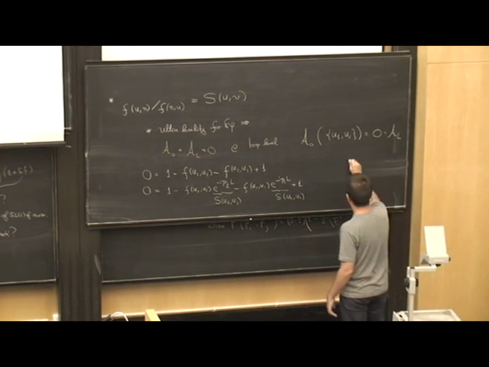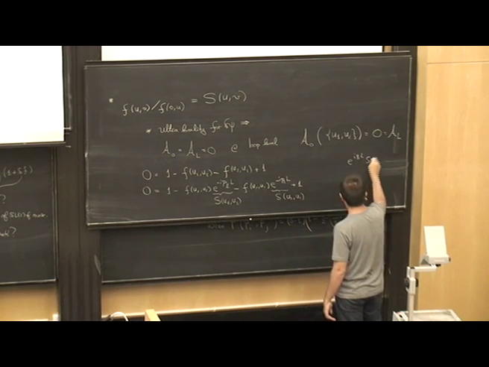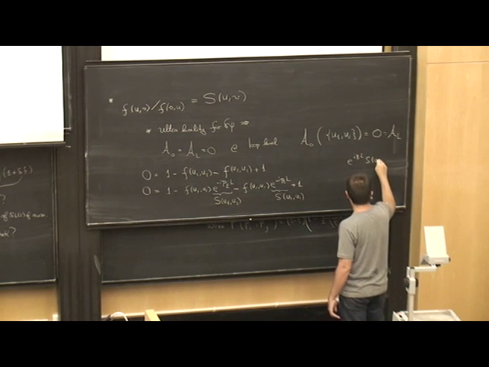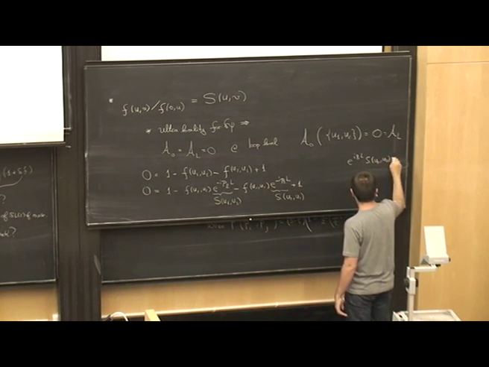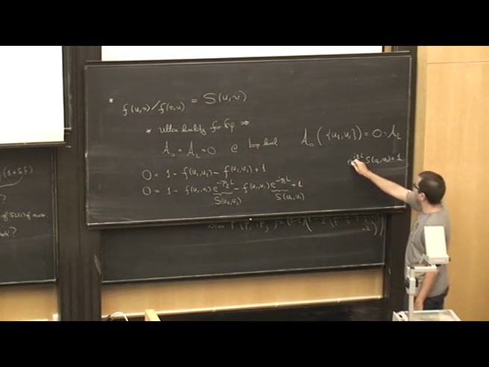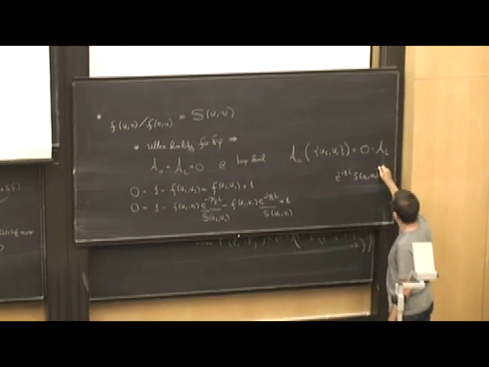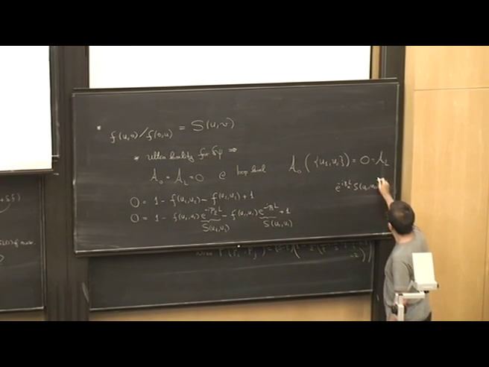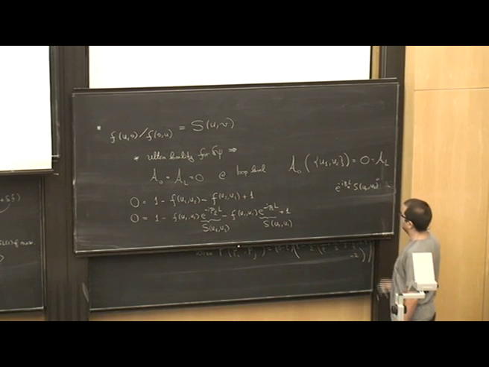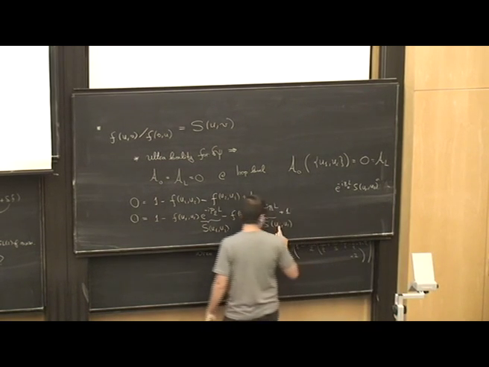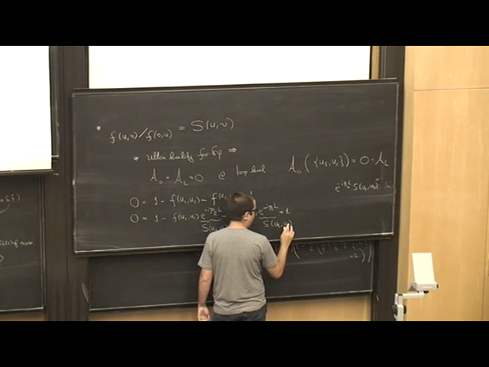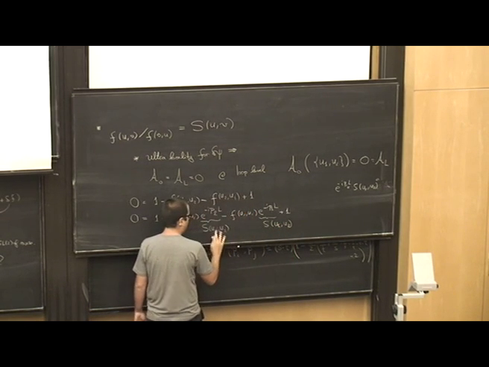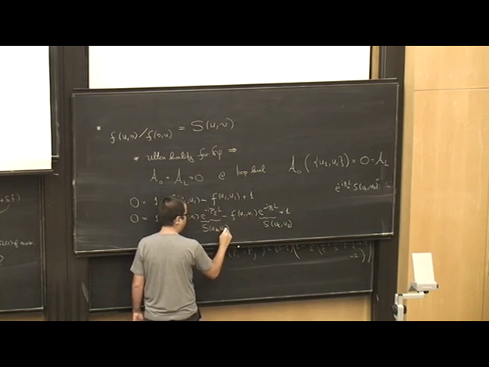I will try to do it carefully. e to the i p1 L S of u1 u2 equal to 1. So if I put a minus here, I put a minus 1 here. So if I put it on the other side, I put plus 1. So e to the minus is 1. You see? It's always wrong. I think I never ever got it right yet.